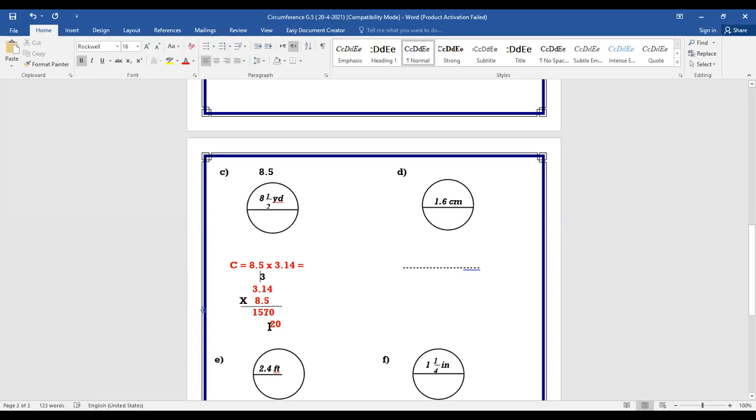Now 8 multiplied by 1 equals 8. 8 plus 3 is 11. 1, carry up 1. 8 multiplied by 3 is 24. 24 plus 1 is 25. Now we add the two results.